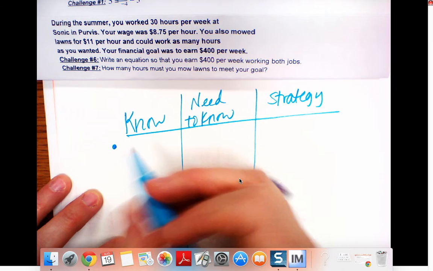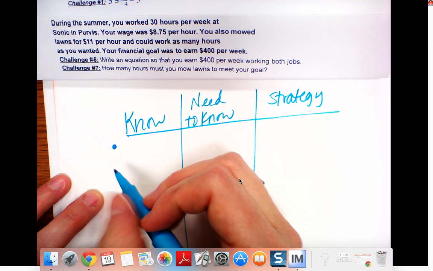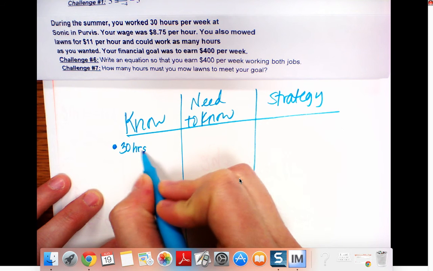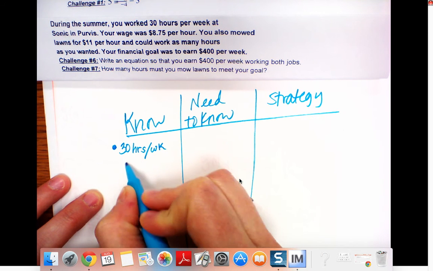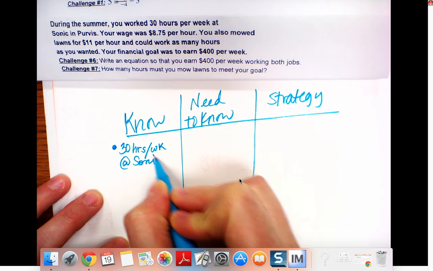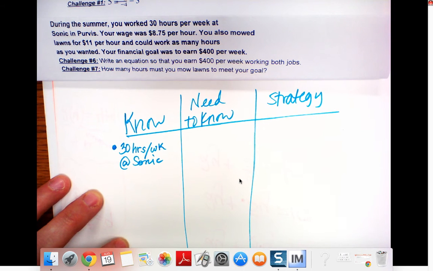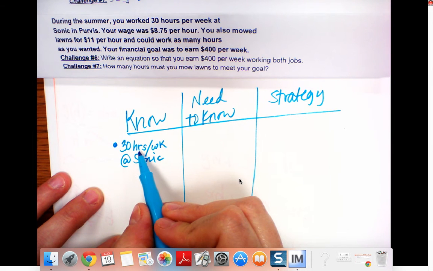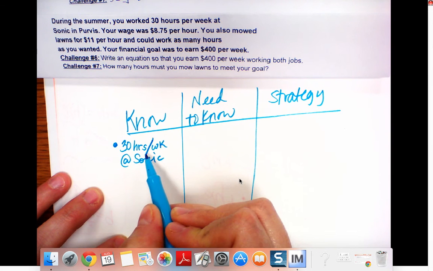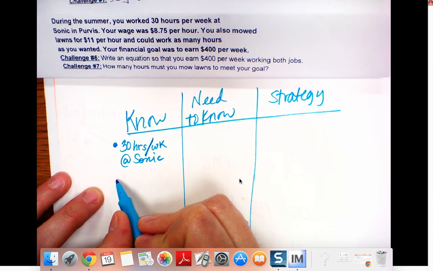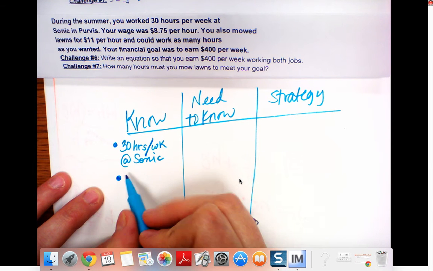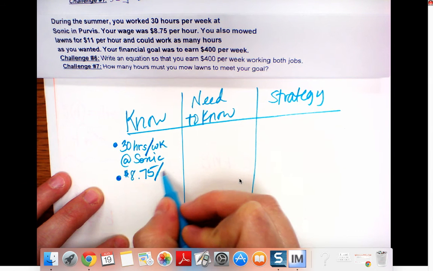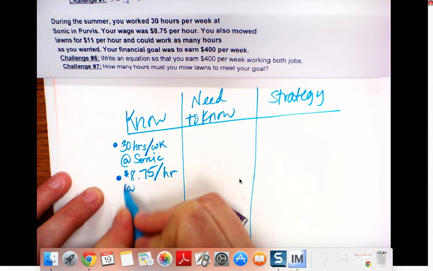So first thing they saw was that you worked 30 hours per week at Sonic. I'm abbreviating. This is hours, this is per, and this is week. All right, and you made $8.75 per hour at Sonic.